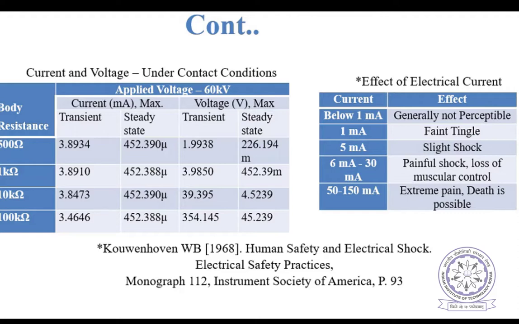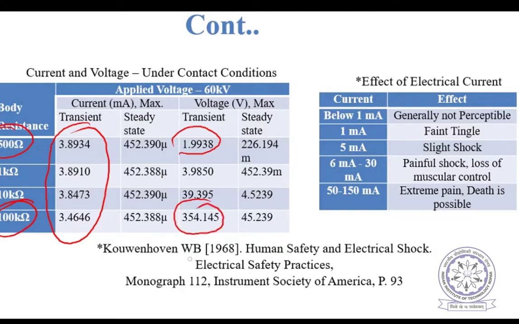Now the current and voltage under contact condition, these simulated results are here. We have changed the human body resistance from 500 ohms to 100 kilo ohms. With the different resistor values, you can see the current has changed very little. Current is almost the same, but the voltage has changed from 1 volt in the transient condition to 354 volts.